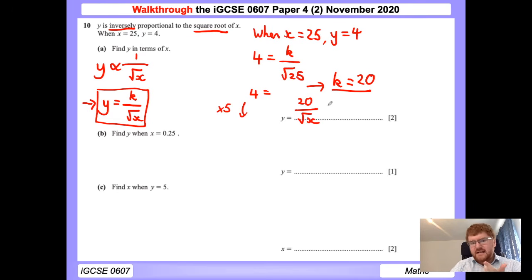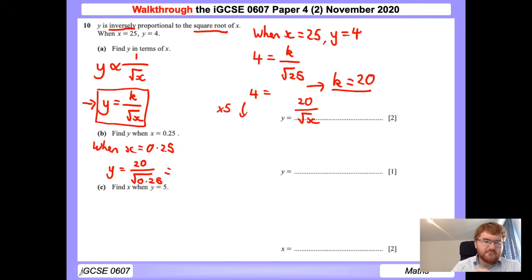Now what's typical here is that it gets you to substitute y to find x or substitute x to find y, and you can see both questions are here in B and C. So find y when x is 0.25. So when x is 0.25, y is equal to 20 divided by the square root of 0.25.